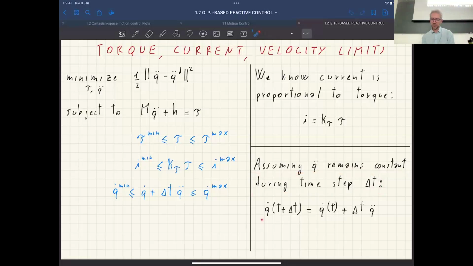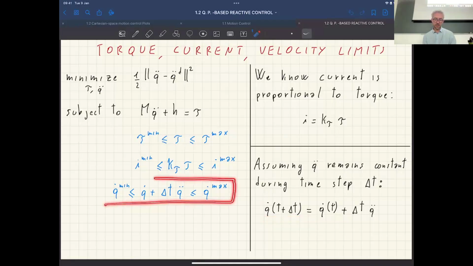Then you can express the velocity at the next time step, q dot at time t plus delta t, as the current velocity, which you know, because you measured it or you estimated it, plus delta t times the acceleration. So you basically integrate the acceleration over one time step, and you get the new velocity. And then you add the constraint on the new velocity, which is exactly what I'm doing here.